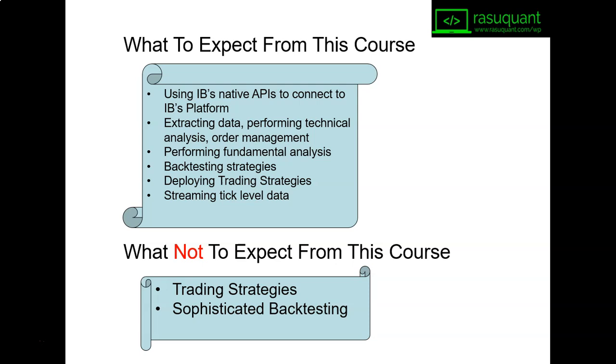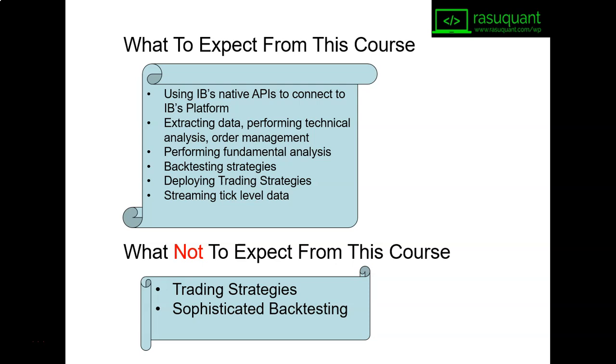You will also learn how you can deploy the strategies that you have backtested on Interactive Brokers platform and implement algorithmic trading. You will also learn how to stream tick level data and build a strategy around streaming tick level data.